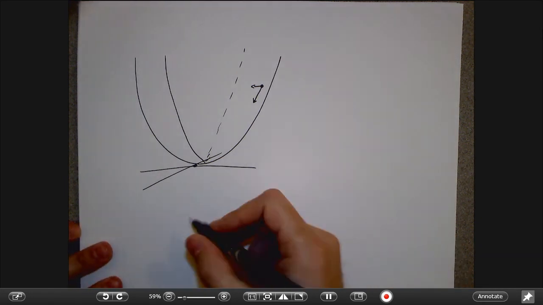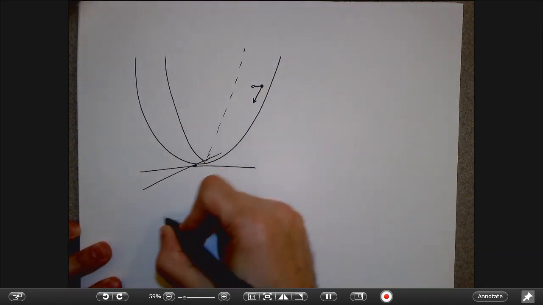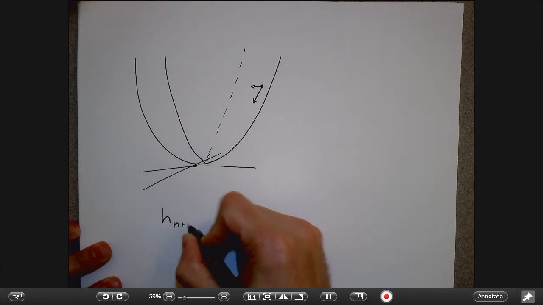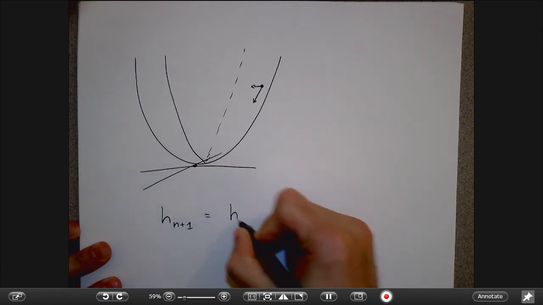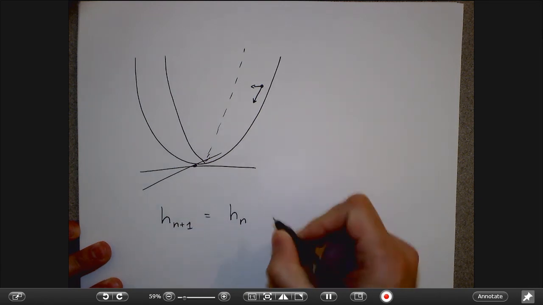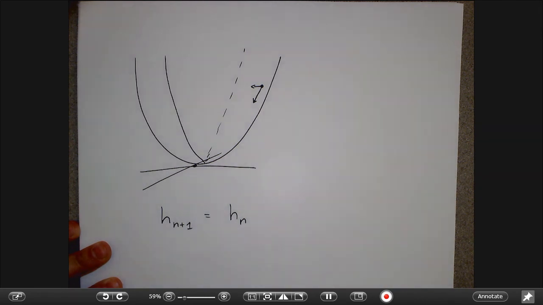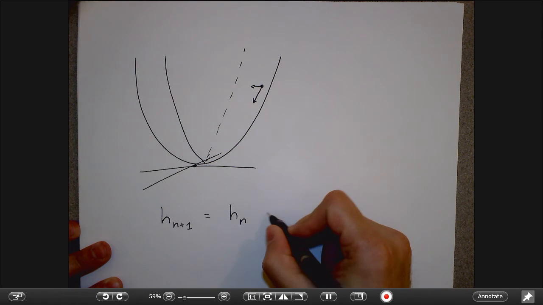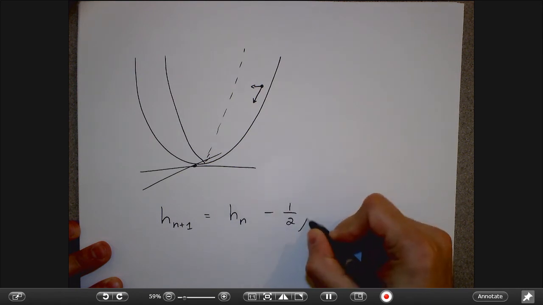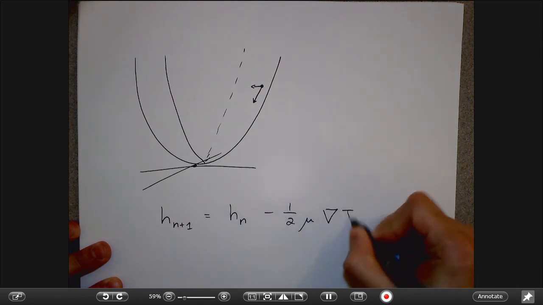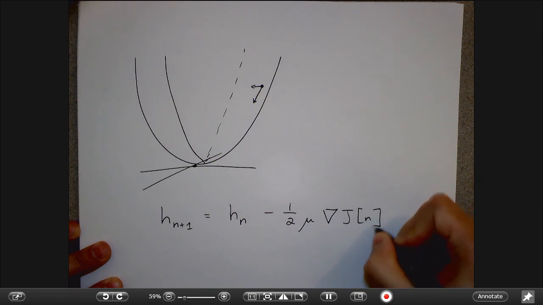The idea here is that the filter at time n plus 1 is the filter at time n. Since I want to decrease the cost function down to 0, I'm going to take a step along the gradient of the cost function.